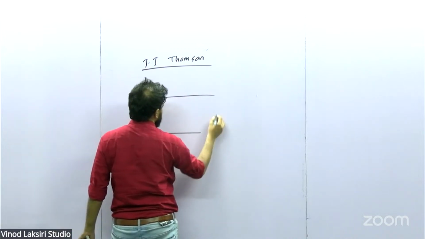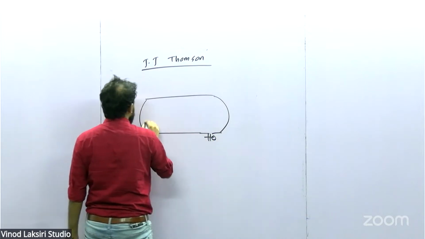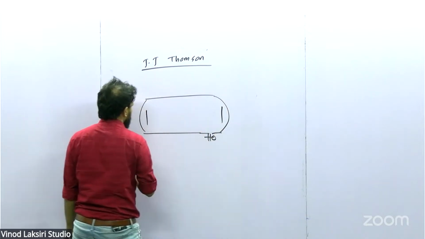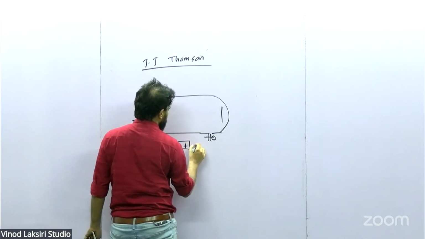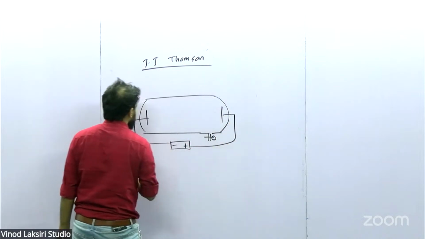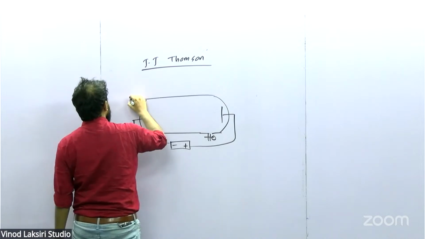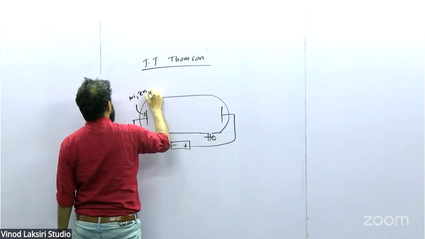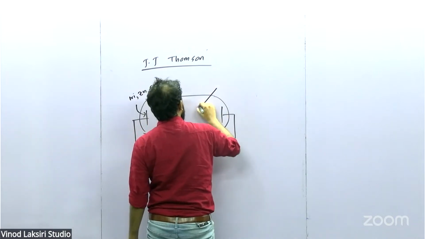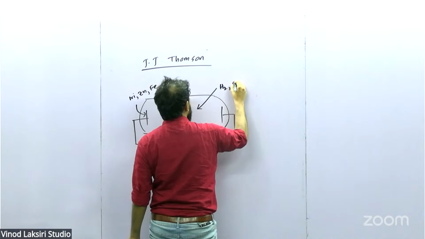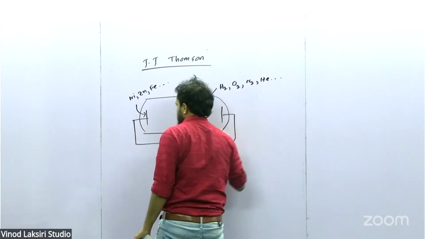Inside this glass tube, there is a gas, and this is the cathode, a metal. The metal is changed, like nickel, zinc, Fe, and the type of gas, like H2, O2, N2, helium, like this.